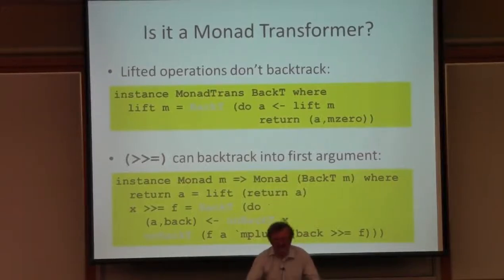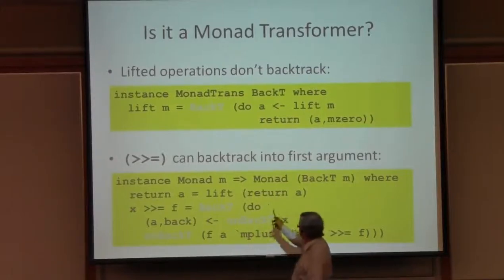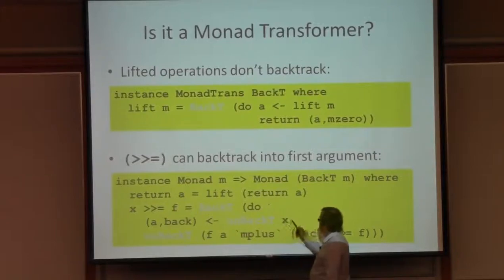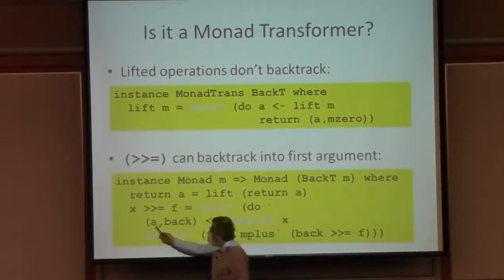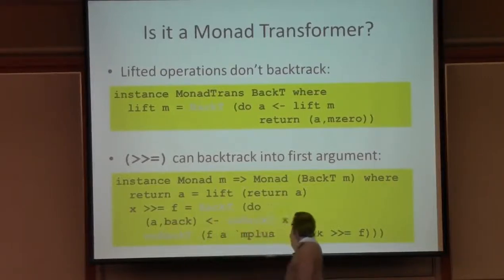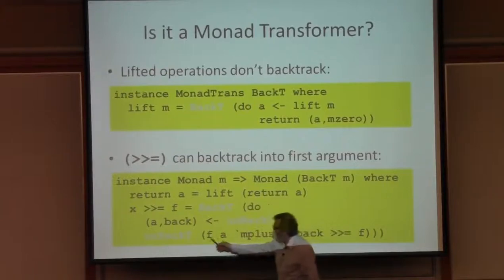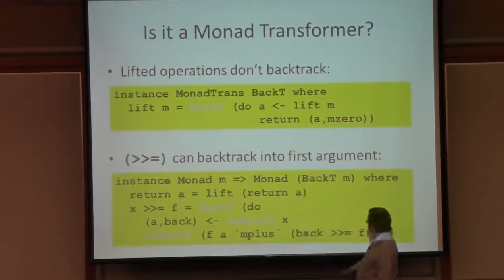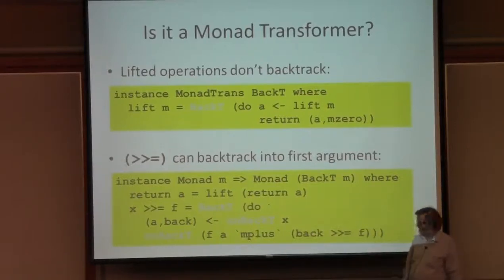Well, it's rather like the instance that I wrote for list types. x bind f will first of all compute x, which is a backtracking computation. If that succeeds, giving me a value a and a way to backtrack, then I can pass the value to f. But if that fails, I still have an alternative, which is to compute more values using the backtracking computation and pass them to f also.